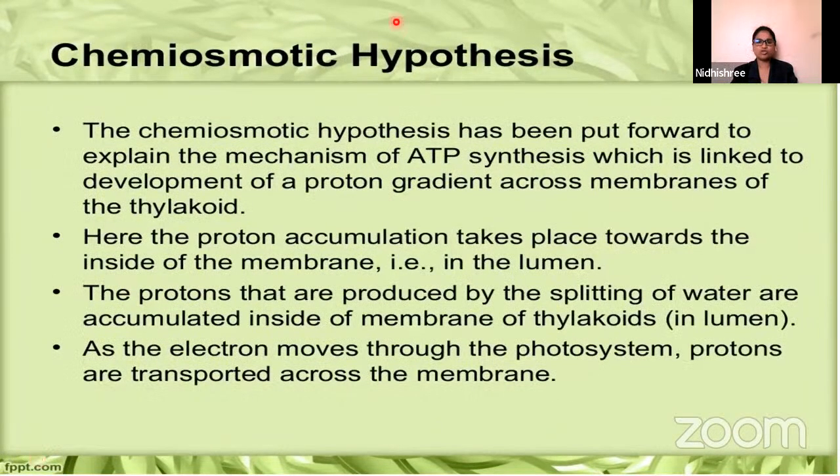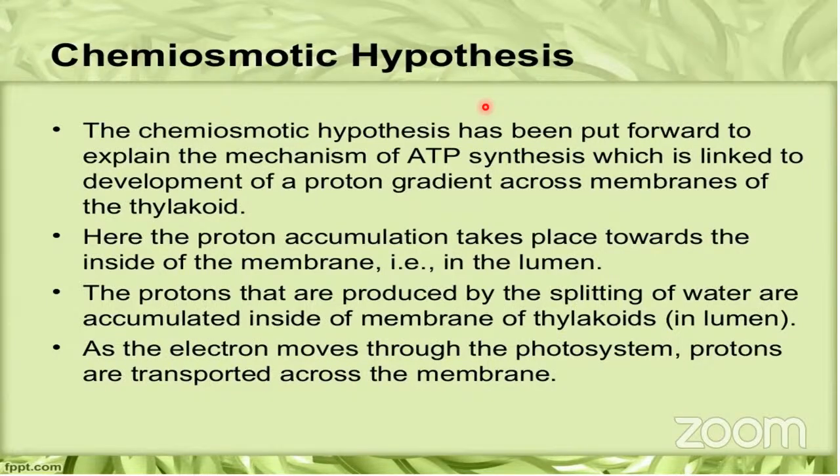The next one is chemiosmotic hypothesis. Sinchana, can you read this, please? The chemiosmotic hypothesis has been put forward to explain the mechanism of ATP synthesis, which is linked to development of proton gradient across membranes of the thylakoid.